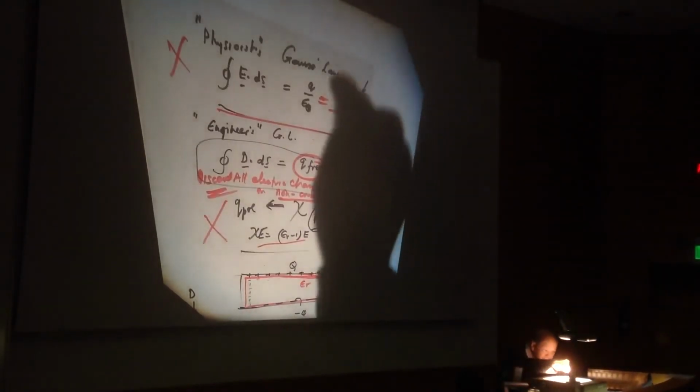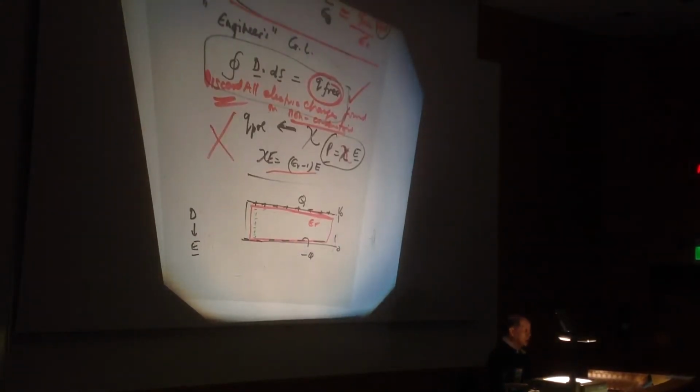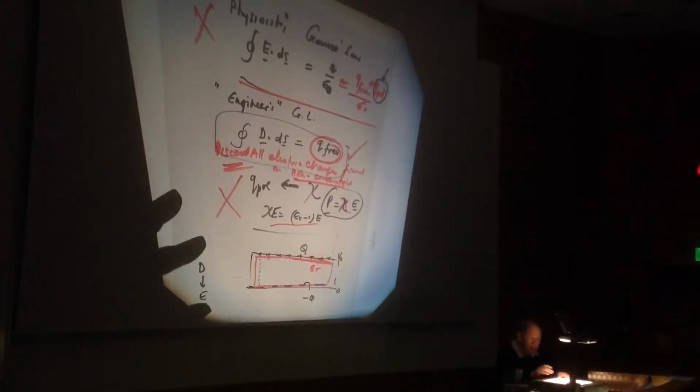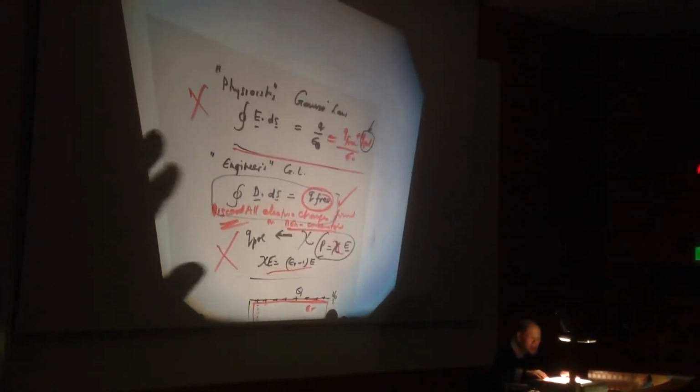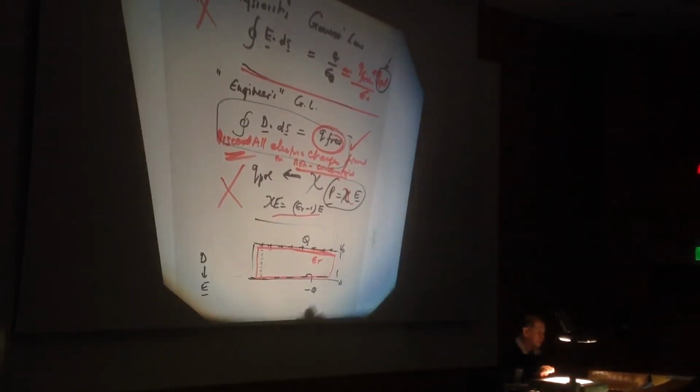So when you apply the physicist's Gauss's law, you've got to know what those charges are. You can find them later, but what for? Why do you want to bother? So the engineer's Gauss's law says, forget about charges in the dielectric, find the Q on the conductor, full stop. That's it.